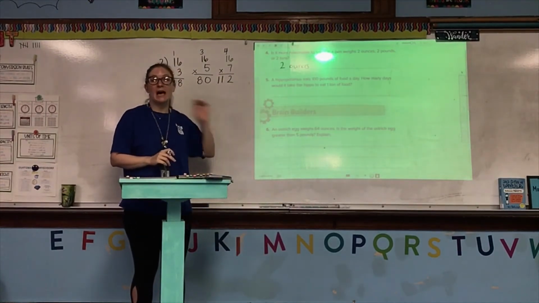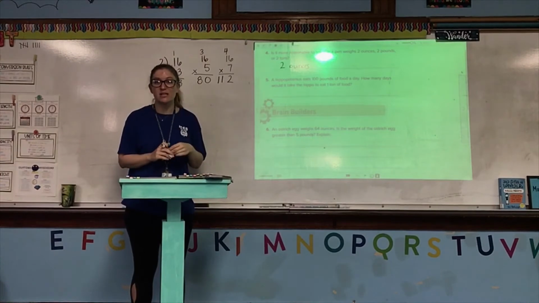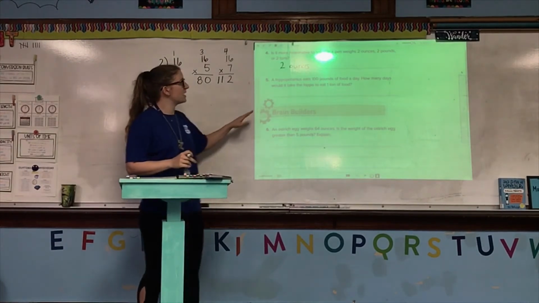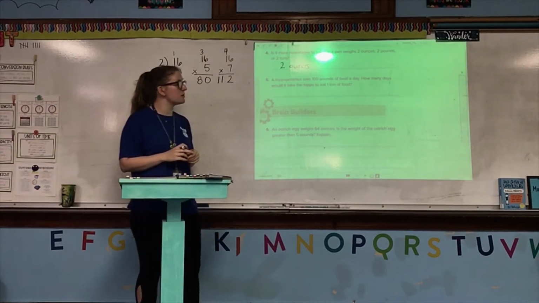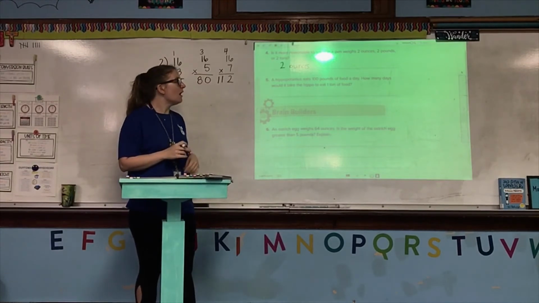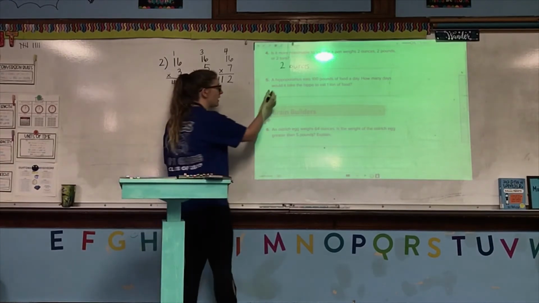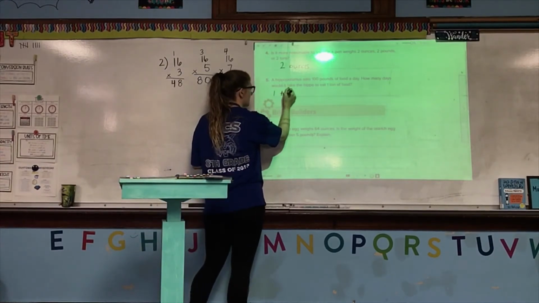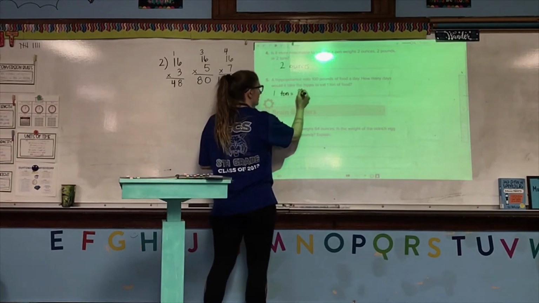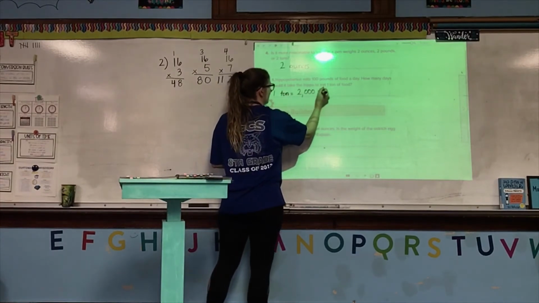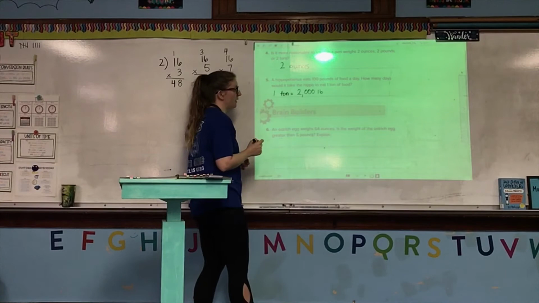Okay, now number 5. This was one where you had to use your reasoning skills. It says, a hippopotamus eats 100 pounds of food a day. How many days would it take the hippo to eat 1 ton of food? Okay, so we know that 1 ton equals 2,000 pounds.